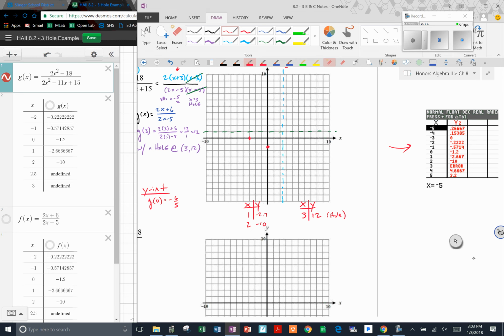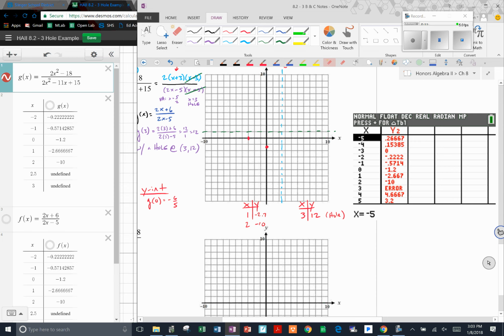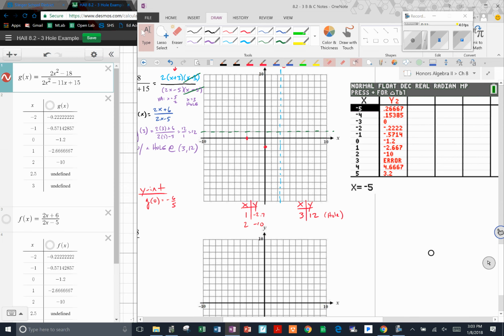In fact, let me pull this over here a little bit more for us to use. That's what I'm using to get these values. So I've got 2, -10, which is right there, and 1, -2.7, which is right there. That's pretty good. That's enough for us to graph that side of the function.